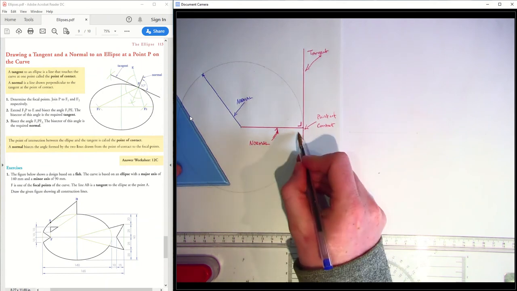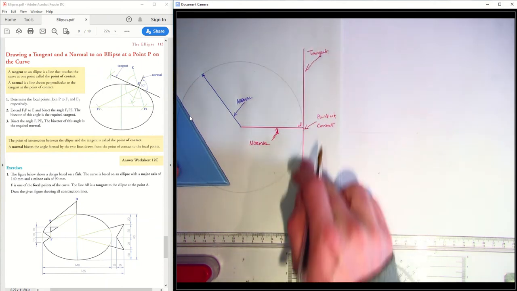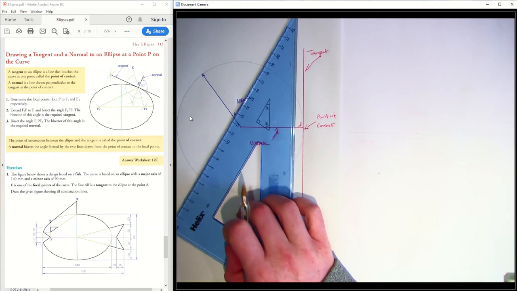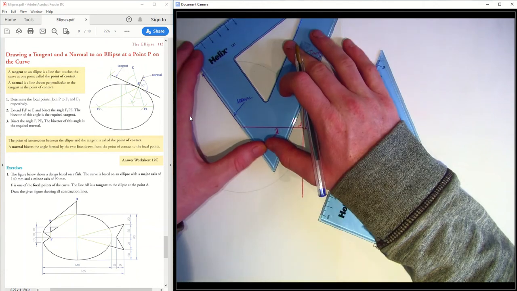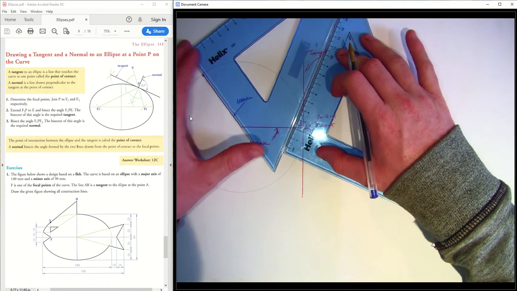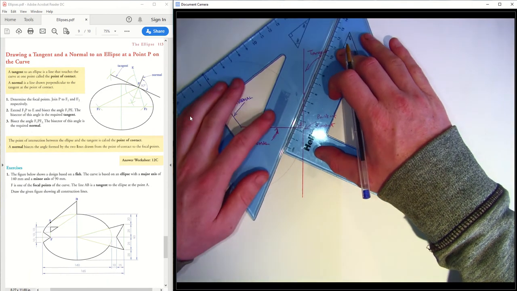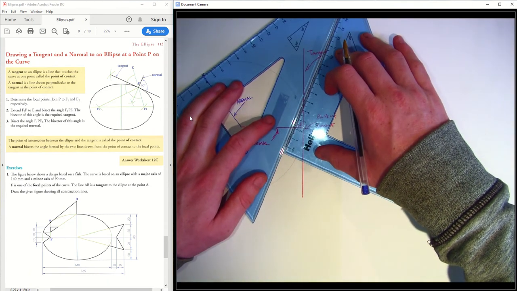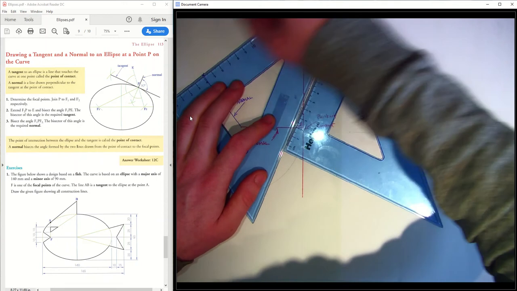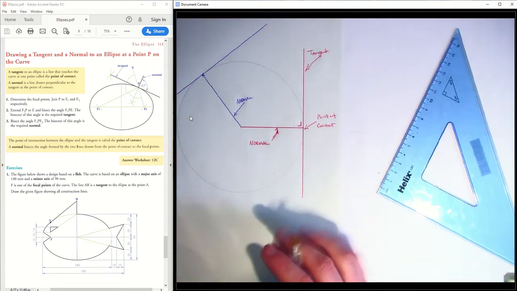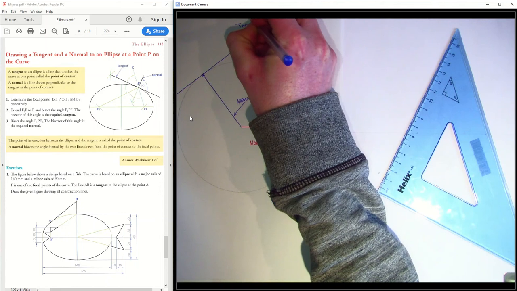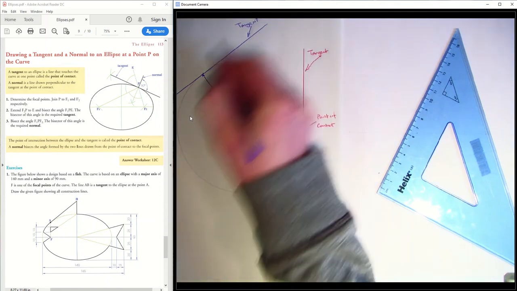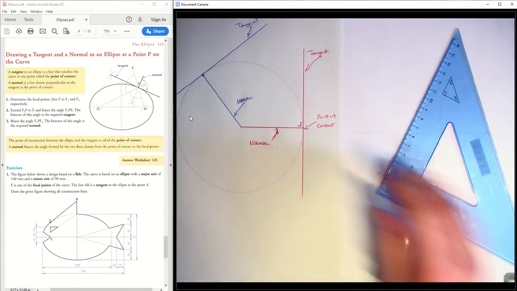I know that my normal is at 90 degrees to my tangent, so I'll draw a line that's 90 degrees to that normal from that point. That gives me this line here as my tangent line. It's only touching the circle at one point only.